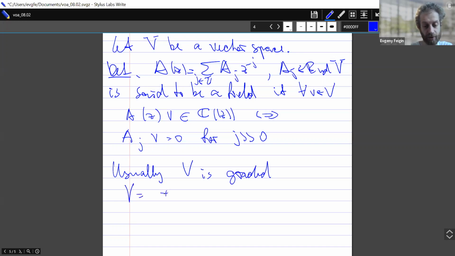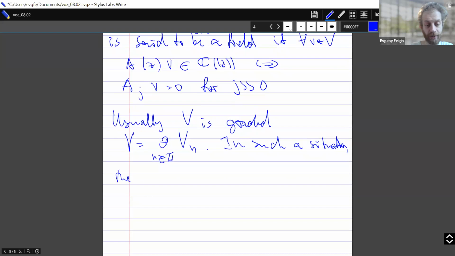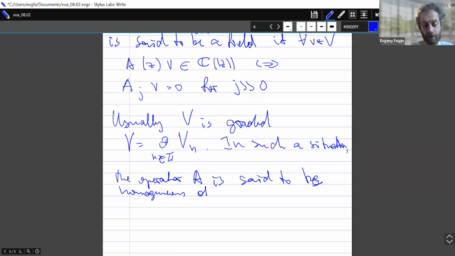So V is the direct sum of V_n, n in Z. In such a situation, the operator A is said to be homogeneous of degree K if A of V_n sits in V_(n+K).